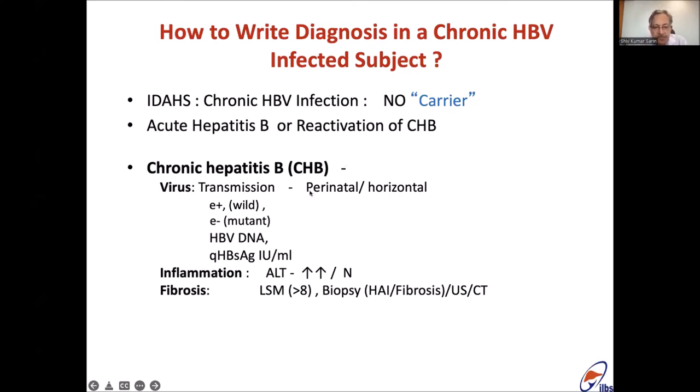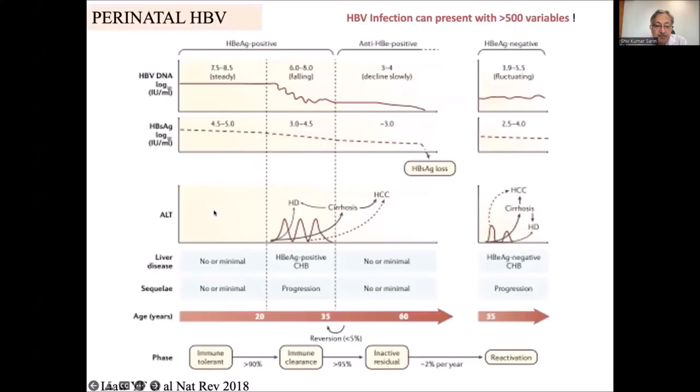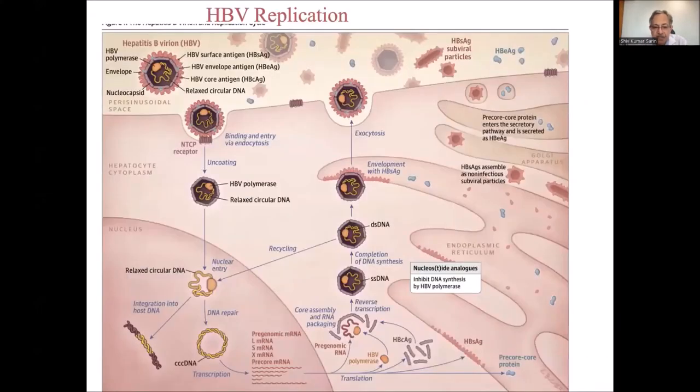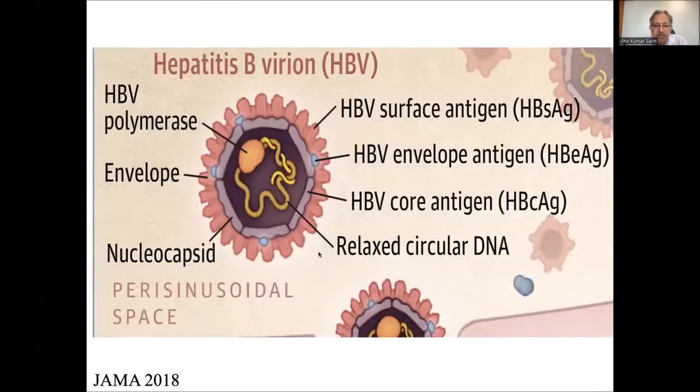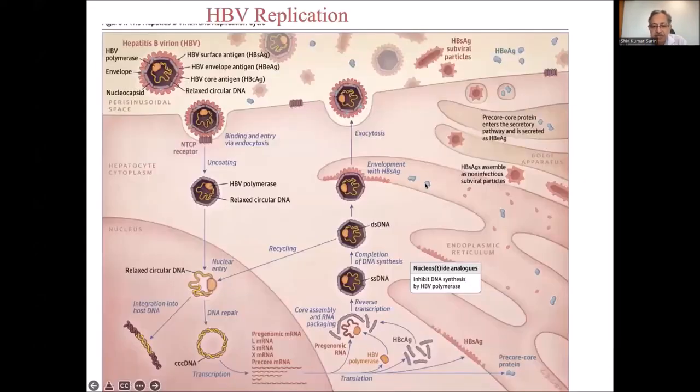How do you write chronic hepatitis B? First is transmission. Has it come from mother to baby, perinatal, or horizontal by blood, needle stick? The virus can be wild type, E positive. What does E positive mean? Let's go back. E positive means a person has core antigen, meaning it is a replicating virus.